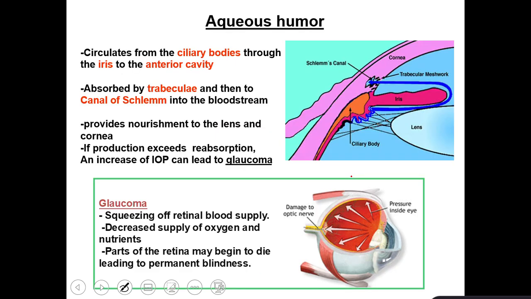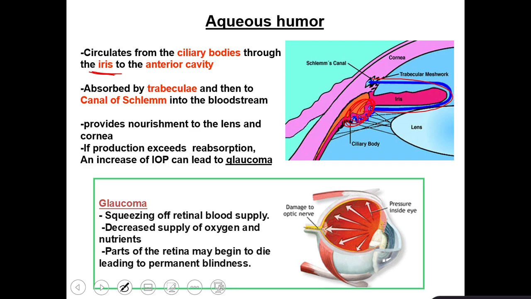There are two types of fluid in the eye. The aqueous humor, which is watery fluid. This circulates from the ciliary body into the iris to the anterior cavity of the eye.